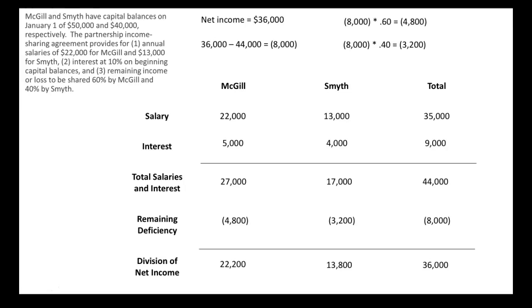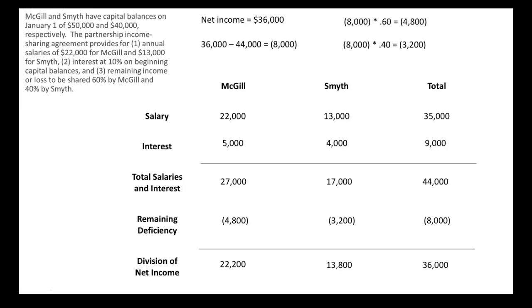Now, an important thing to remember here, just because McGill and Smith had some taken away in that remaining deficiency row, that doesn't mean they're actually losing money here. The company still made $36,000. McGill's capital balance is going to be increasing by 22,200.